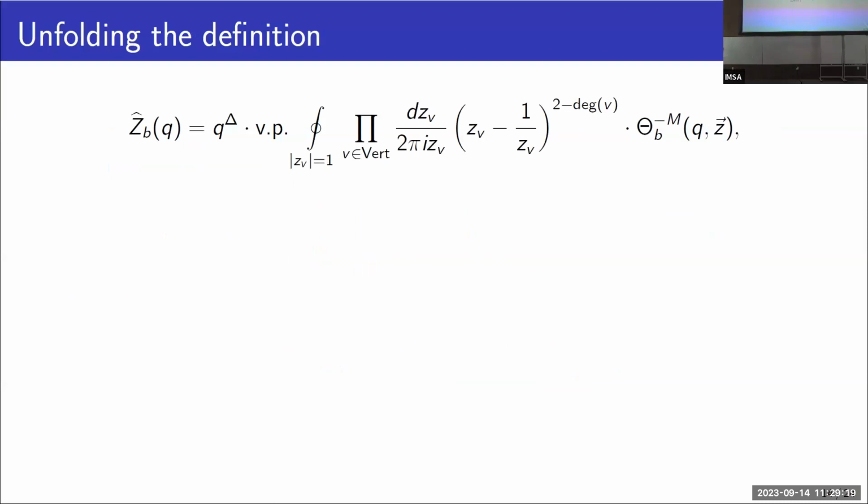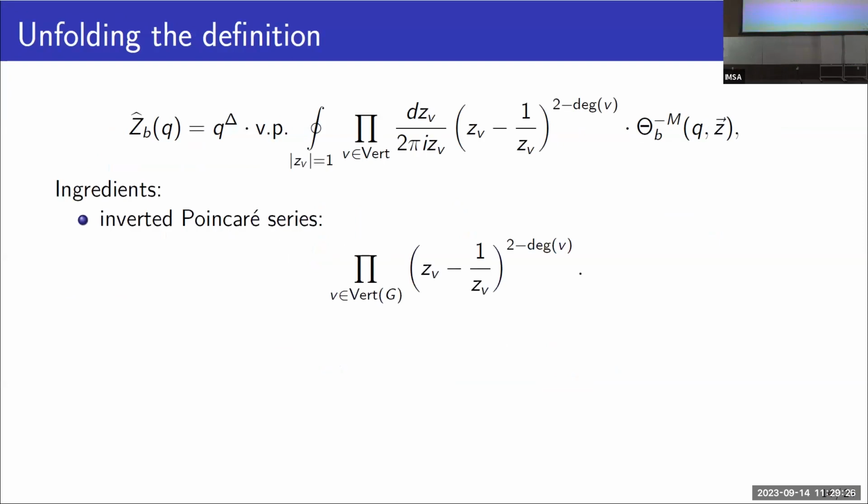Basically, what it means in a practical way, if you want to compute it or just see what it is: the first important thing is this rational function. It's a very funny rational function, because usually what you see in algebra is exactly this function, except that there the exponent is degree minus 2 and not 2 minus degree.